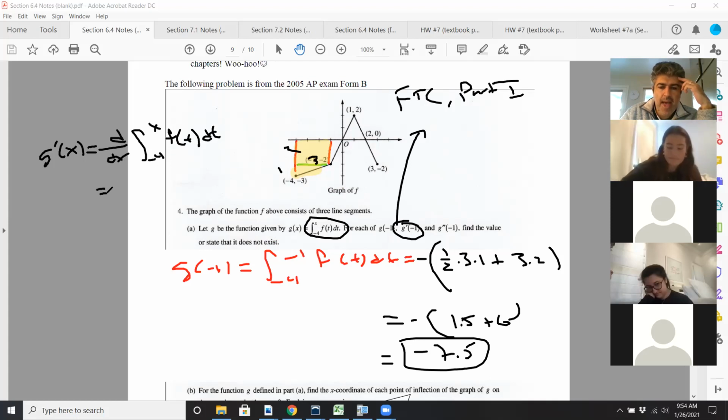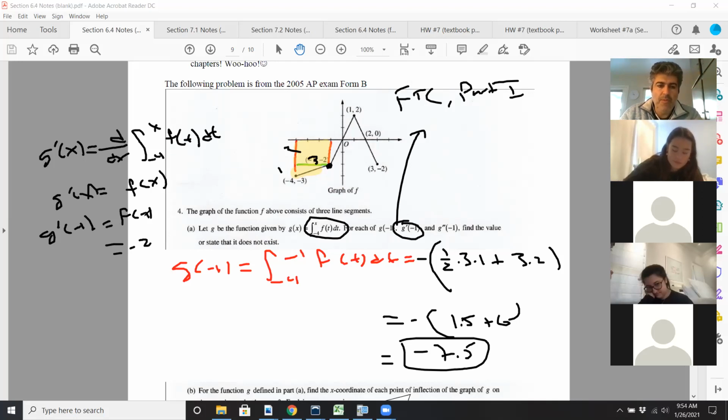And we talked about when that happens, they cancel out and you just replace t with x. So it becomes just f of x. So G prime of x is f of x. So what's G prime -1 now? f of -1. Well, what's f of -1? You got the graph right there. So the answer is just -2.